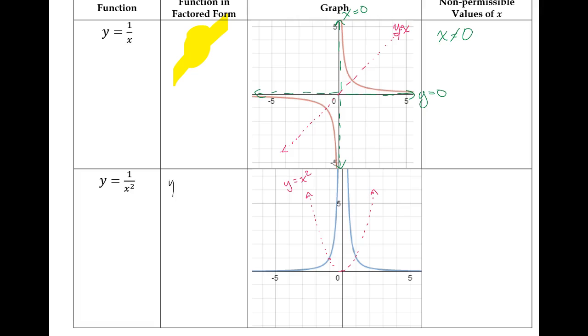And so again, we don't really have to factor it per se. If you wanted to, you could write it as y equals 1 over x times x, but I don't know if that's 100% necessary. What we see is, again, when our original graph hits our x-axis and has an x-intercept, that our rational function then has an asymptote or some sort of non-permissible value.